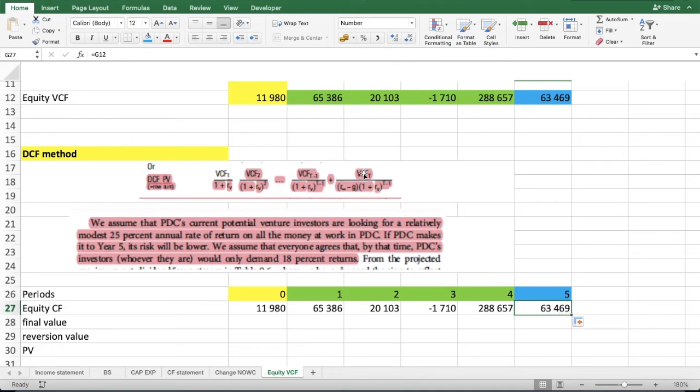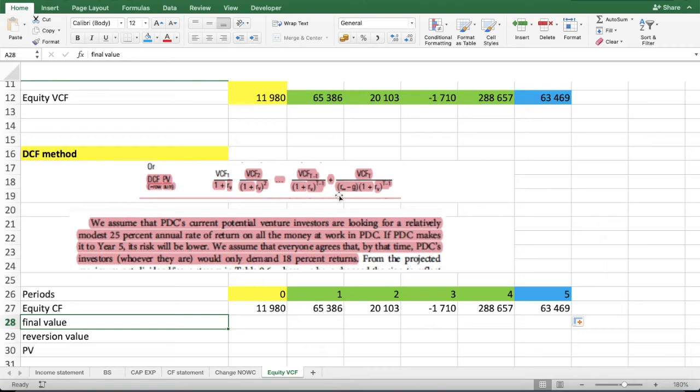First, we will divide this final payment by R infinity minus g. So this is the first modification. When you divide the final cash flow by R infinity minus g, we obtain the final value.